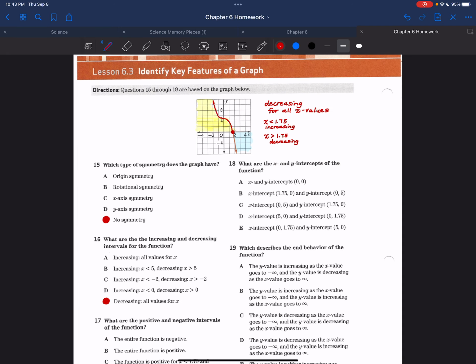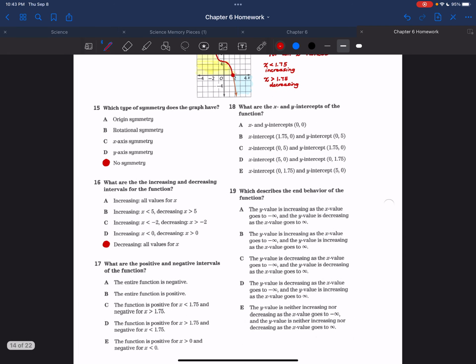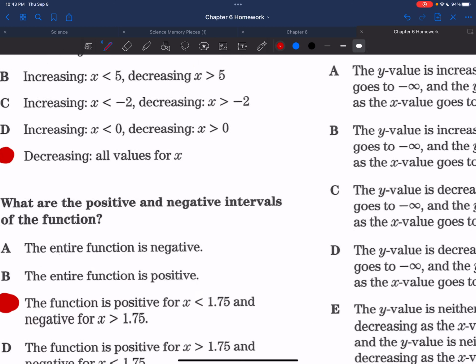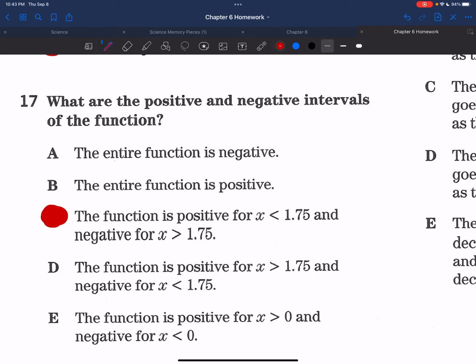So I'm looking for something that mirrors what I have. When x is less than 1.75, it's positive. That's true. And it's negative. So I think it's C, but let me check. Yes. And let me just put in a little thing here. The function is above the x-axis.